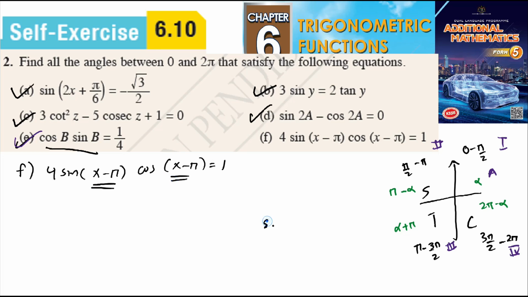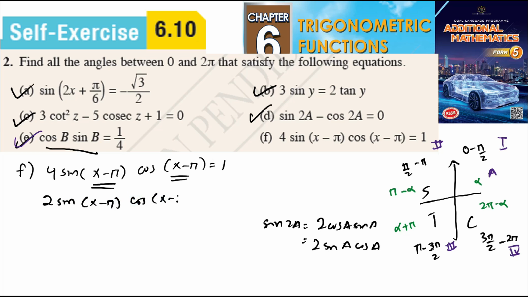So we know that sine 2a is equal to 2 cos a sine a, or 2 sine a cos a, which is the same, right? So we see this one is the same. This one is 2 only, right? We want only 2. So 2 sine x minus pi cos x minus pi is equal to 1, so this side we divide by 2, and this side also divide by 2. We get 1 over 2.